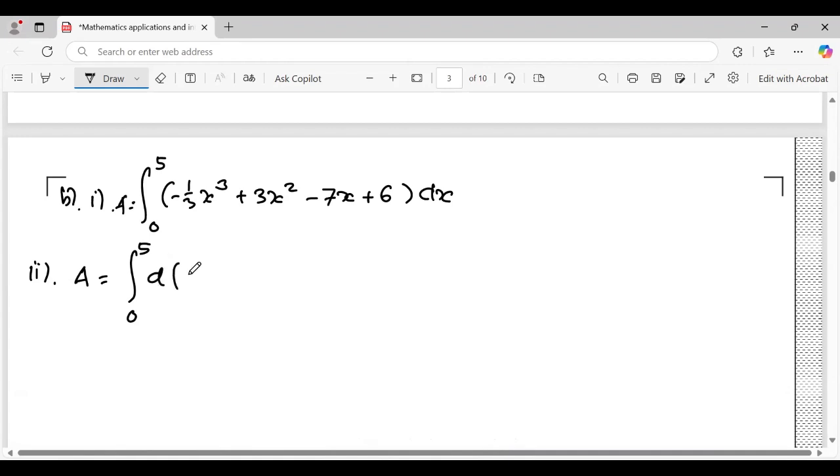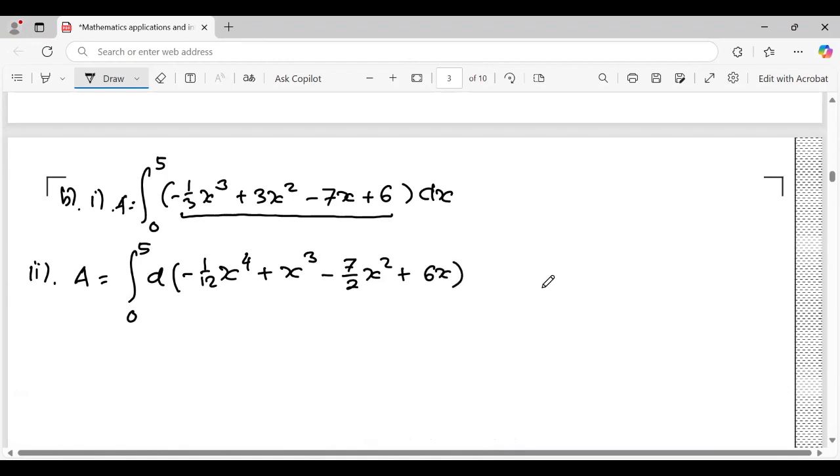So the integral of this expression is minus 1 over 12 x to the power 4, plus x cubed, minus 7 half x squared plus 6x. And after that, substitute 5 into this x and substitute 0 into this x.